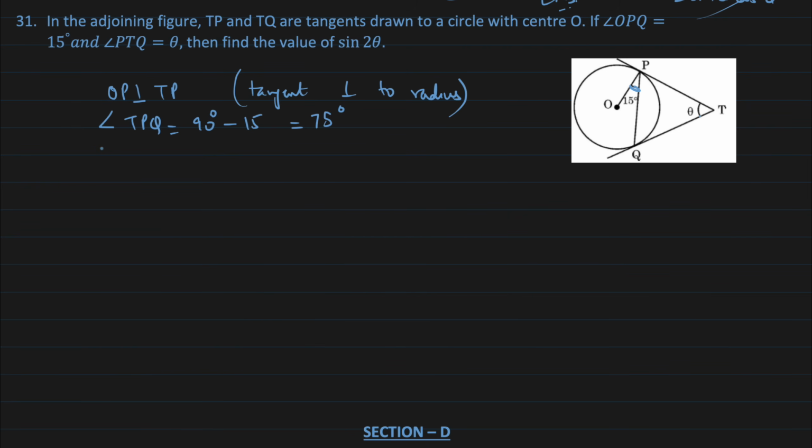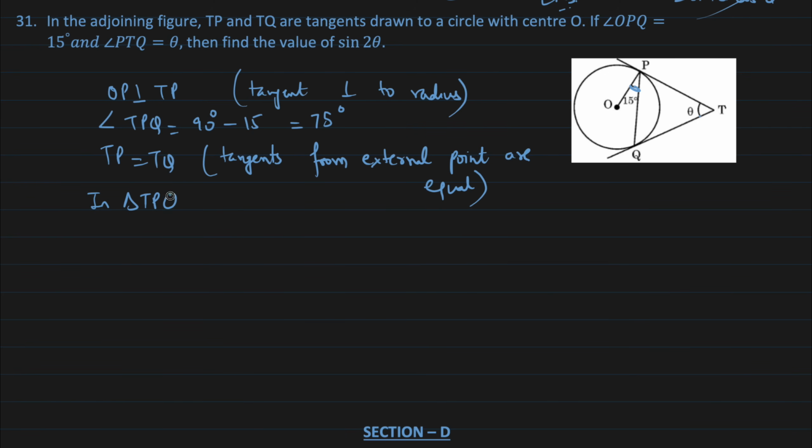Now we know that TP equals TQ, tangents from an external point are equal. So in triangle TPQ, you have angle TPQ equals angle TQP, angles opposite to equal sides are equal. I hope the steps are clear.